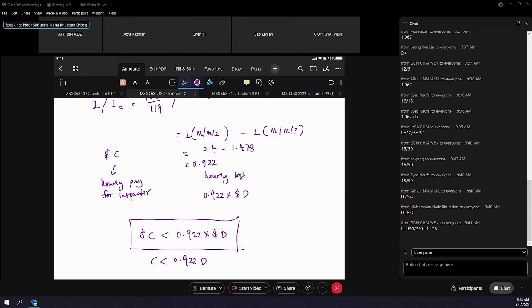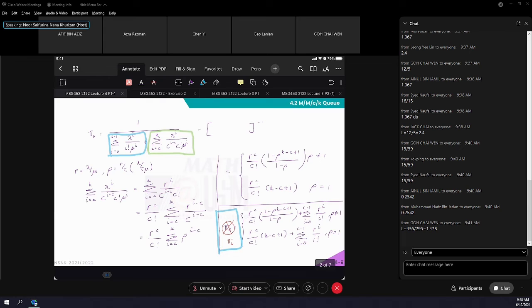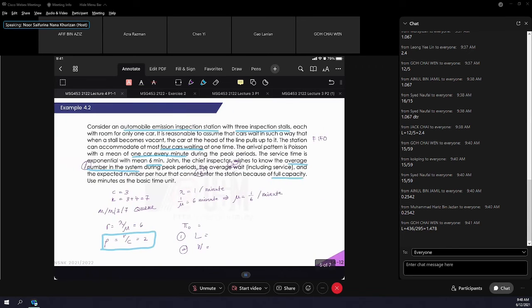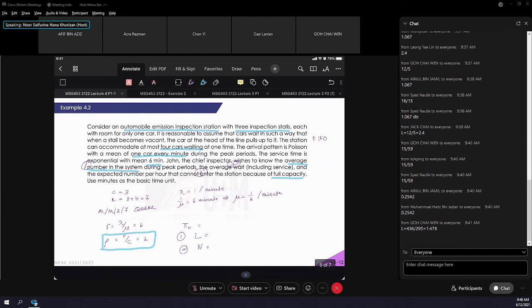Before we end, let us go through our lecture note from last week. For our M/M/c/K, let us double check our answer for example 4.2.